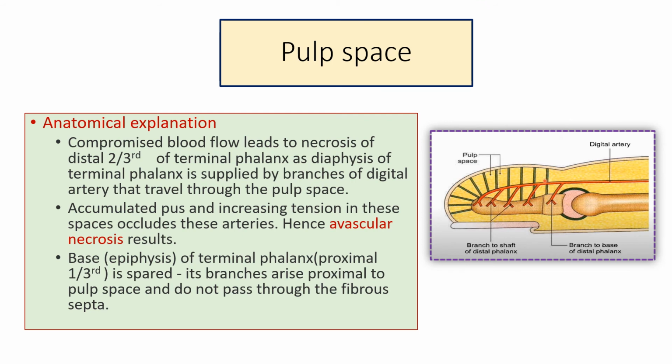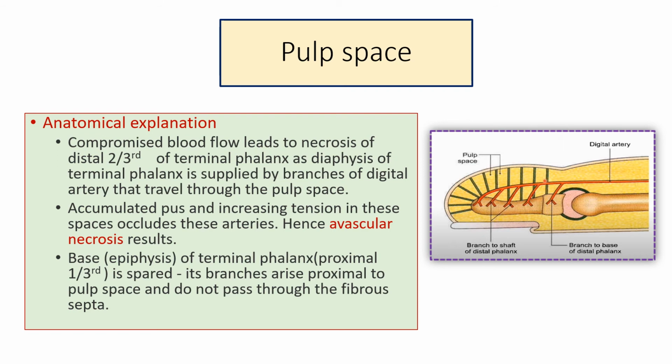Because of compromised blood flow, there will be necrosis of the distal 2/3 of the terminal phalanx, because the diaphysis of the terminal phalanx is supplied by branches of the digital artery that travel through the pulp space. The accumulated pus and increased tension in the spaces will occlude the arteries, thus resulting in avascular necrosis.